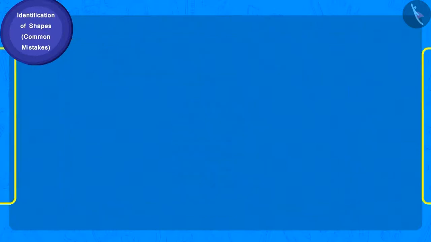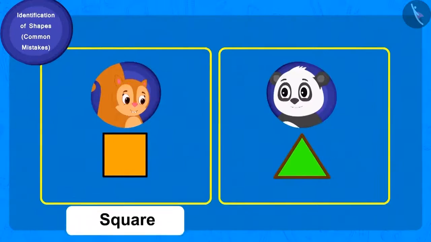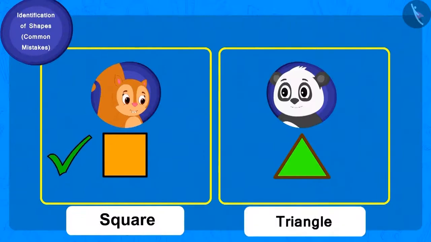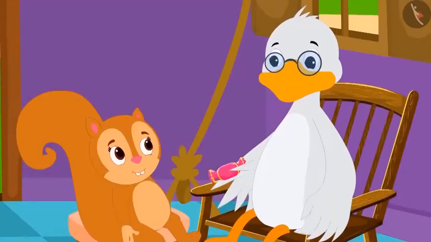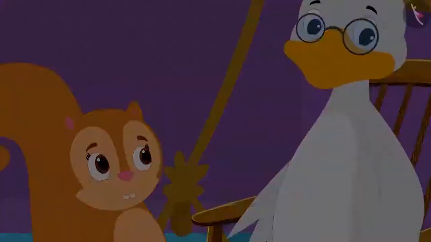Yes. So whose answer is correct? Yes, Chanda's answer. Square is absolutely correct. And Golu's answer, triangle, is incorrect. Chacha gave Chanda 1 toffee for her correct answer.